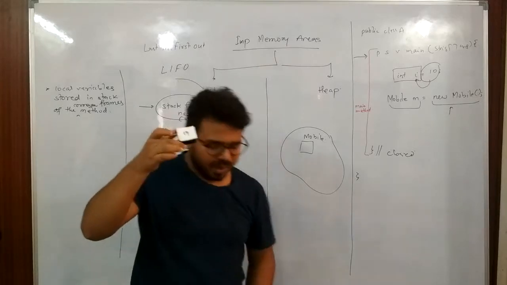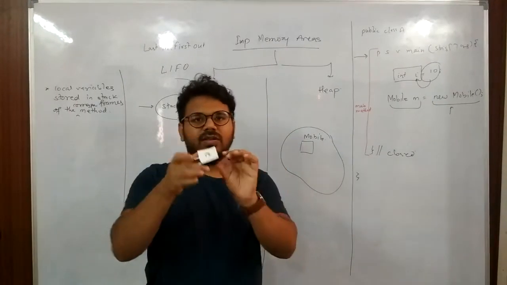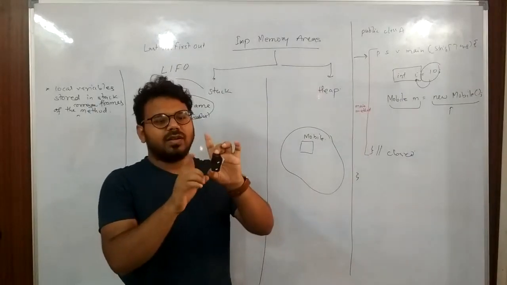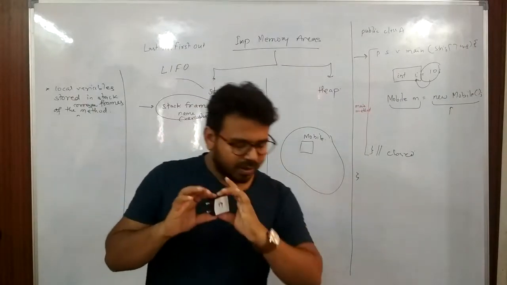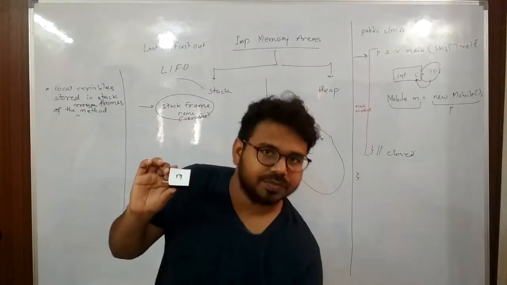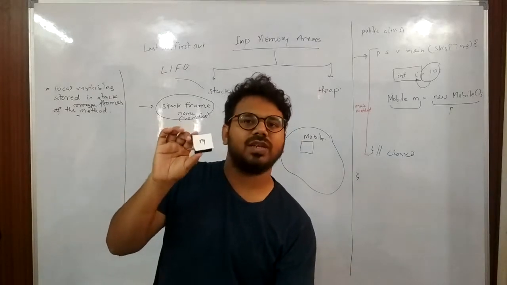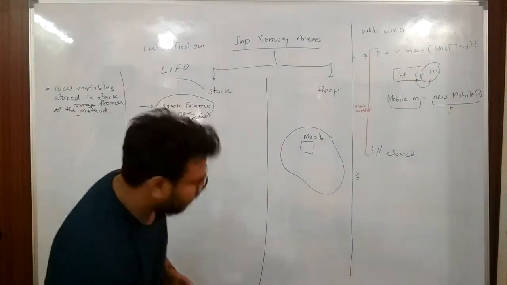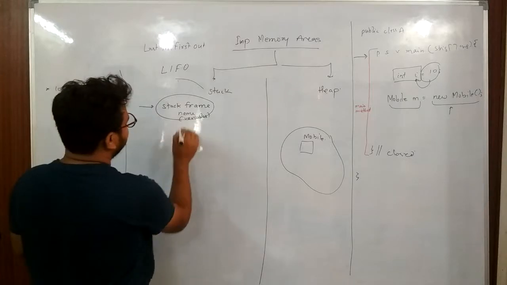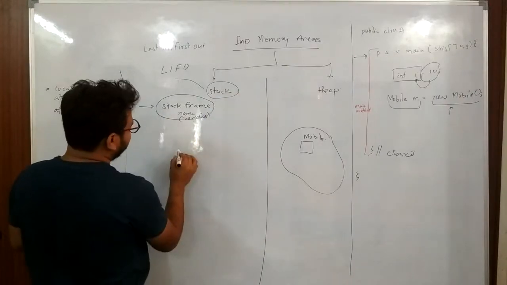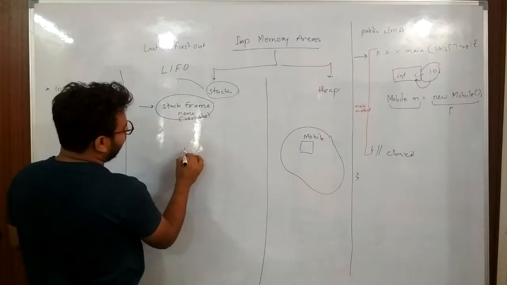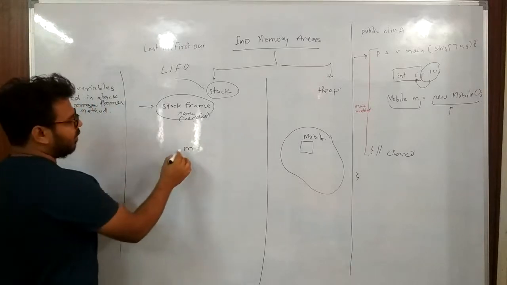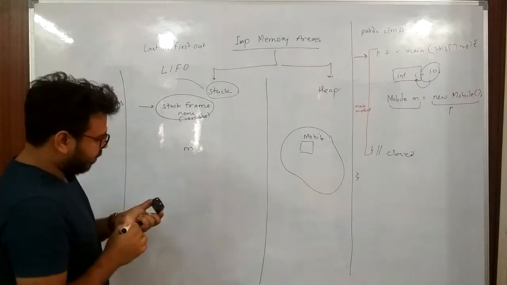So here you can see we have our reference m, and this reference is always created in the stack frame. So in the stack area, in the stack frame, we are going to have our reference variable m.